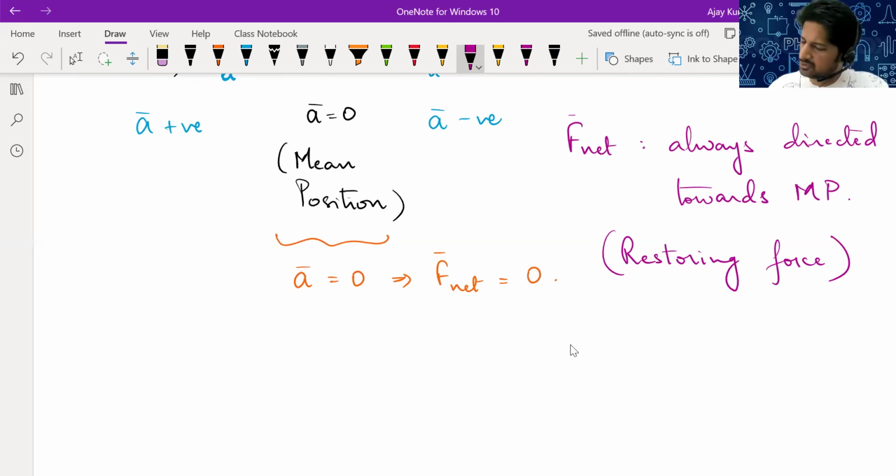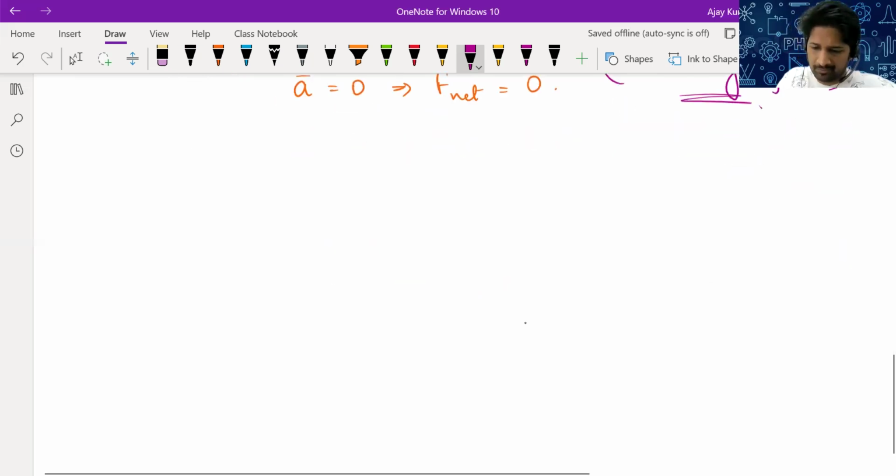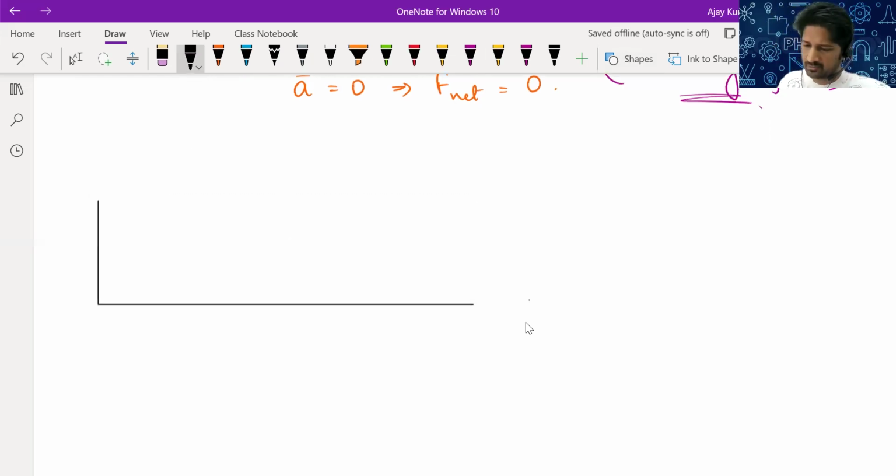Let's talk about this in some systems. For example, consider a spring block system like this, a horizontal spring block system. Assume the surface is perfectly smooth. Let's say there is a block connected to a spring.